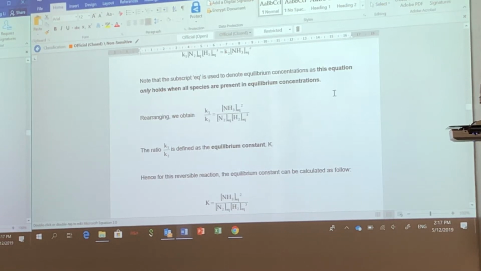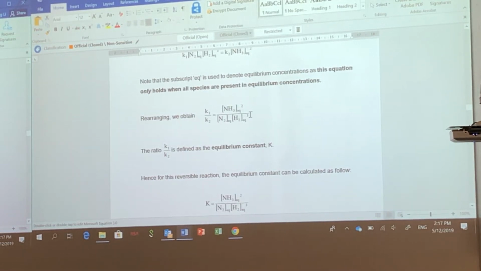On top is concentration squared. At the bottom you have concentration cubed. Finally, do you have a unit? Yes. Don't answer so fast and say no, it depends. For this case, definitely yes, there will be a unit.